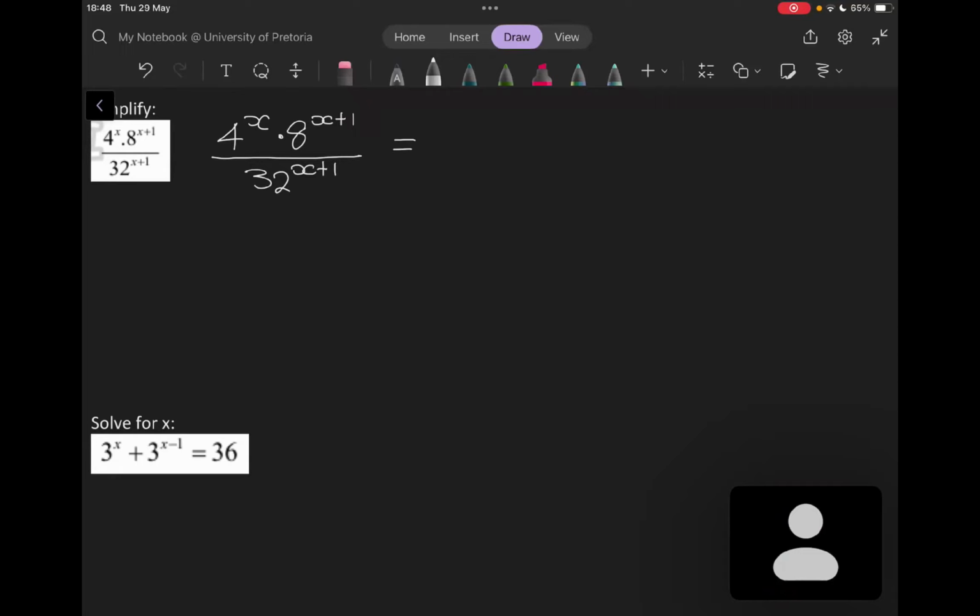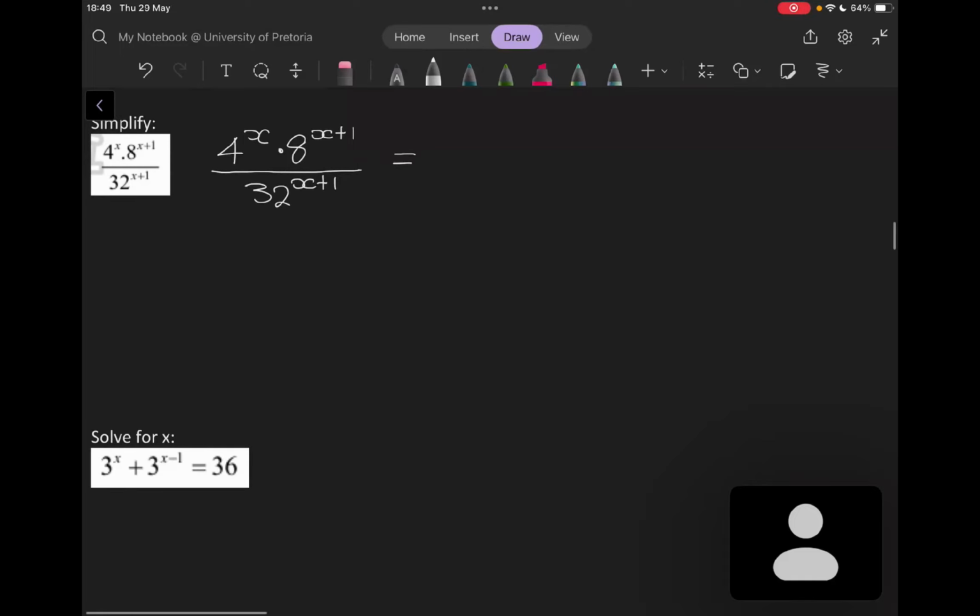In the numerator, we have 4 to the power of x multiplied by 8 to the power of x plus 1. What we can do over here is to take everything down into its prime factors. We know that 4 is equal to 2 to the power of 2, so we can substitute this in its place.